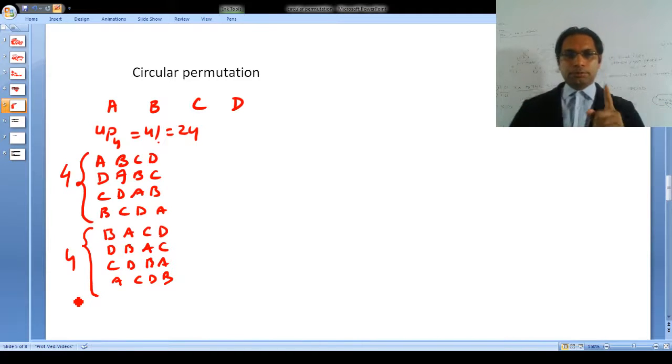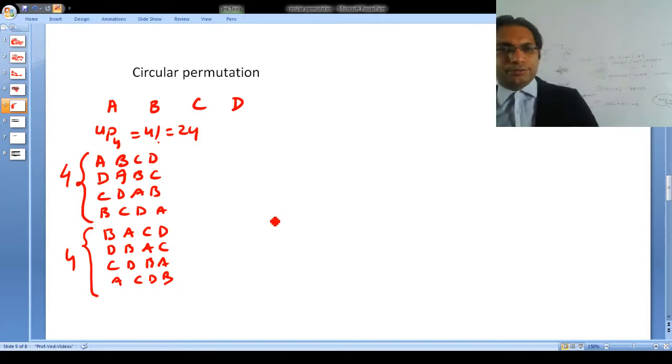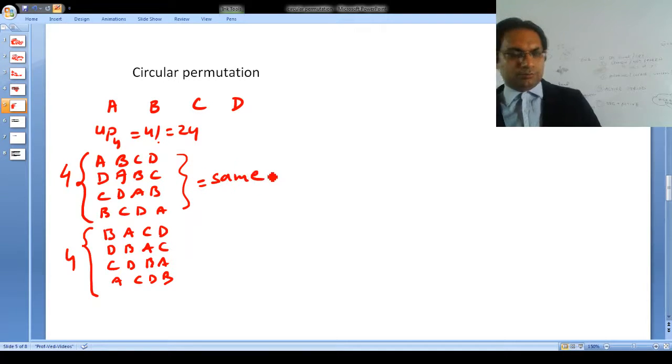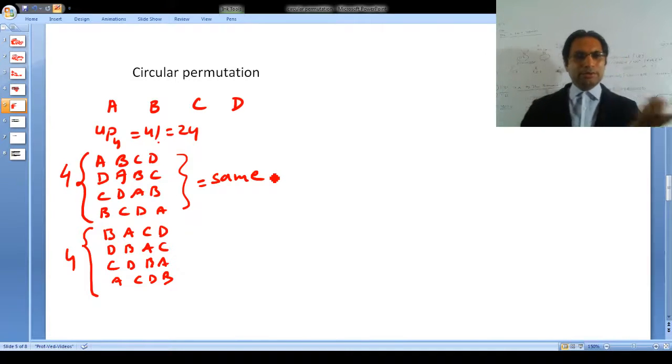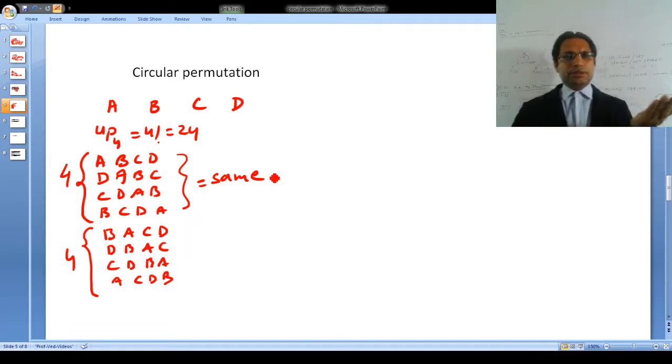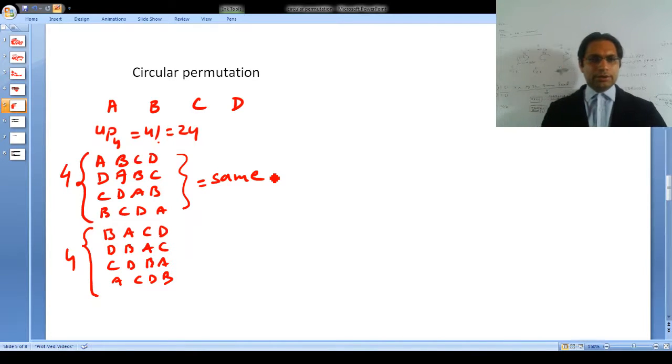Now the problem is this: in circular permutation, you will be surprised when I tell you that all of this is the same permutation, the same arrangement. How come? ABCD, DABC, CDAB, BCDA, how? It doesn't look the same, right?